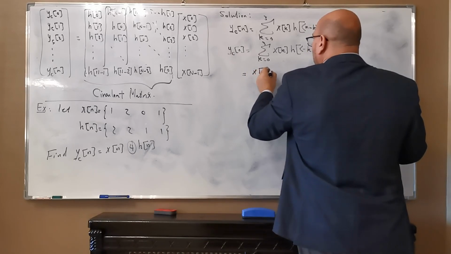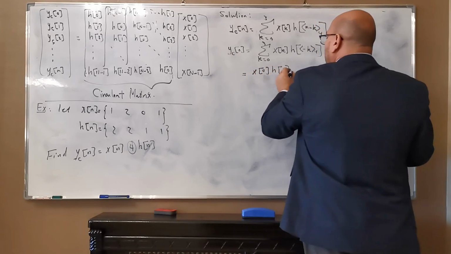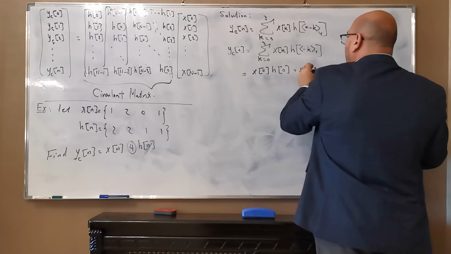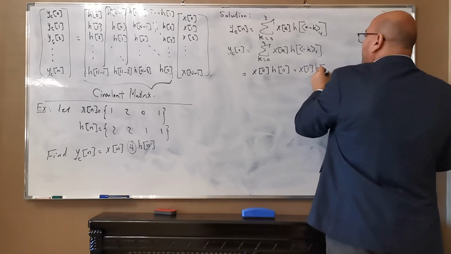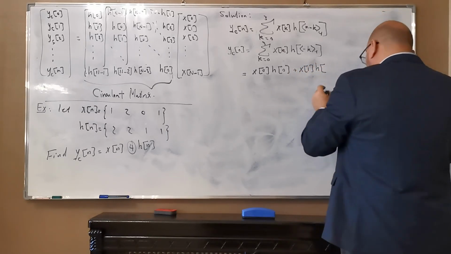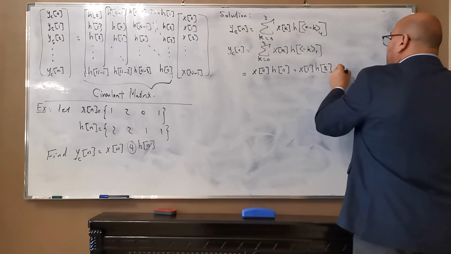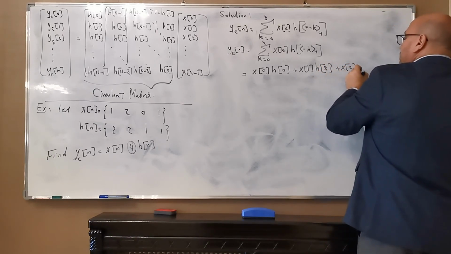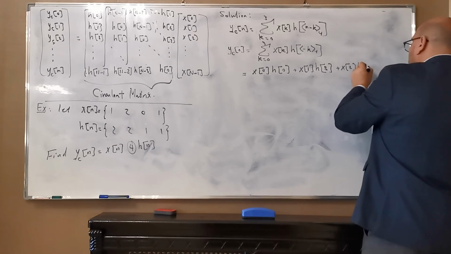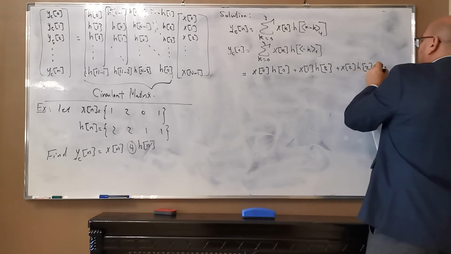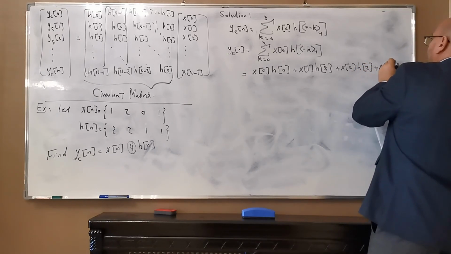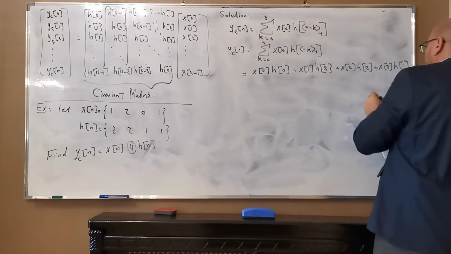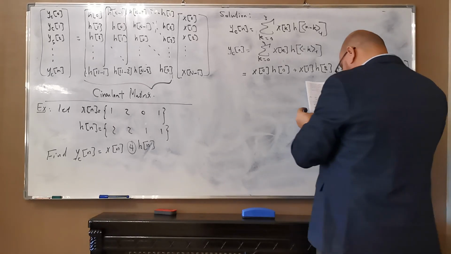It's x of 0 times h of 0 plus x of 1 times h of 3 plus x of 2 h of 2 plus x of 3 h of 1.